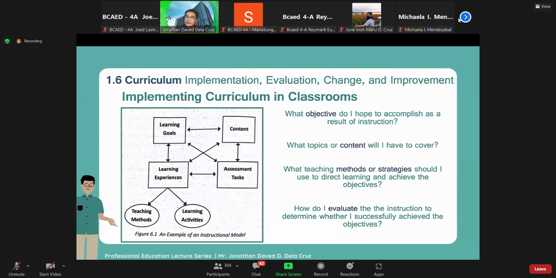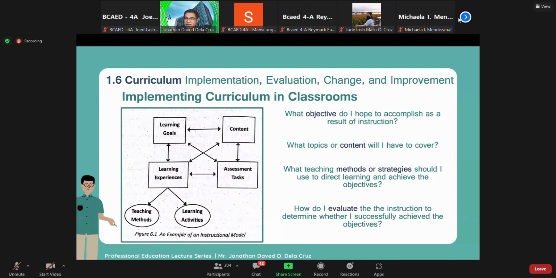So if you see, the first question is determining really of your objectives. What objective do I hope to accomplish as a result of instruction? So, dapat alam mo na agad kung ano yung gusto mong ma-attain ng mga students mo during the instruction. But you also have to consider your content. Ano yung coverage ng content mo? And more importantly, no matter how beautiful your content is, if it is not properly delivered because of your inappropriate strategy, hindi tama yung strategy mo, definitely you will not attain the objective.